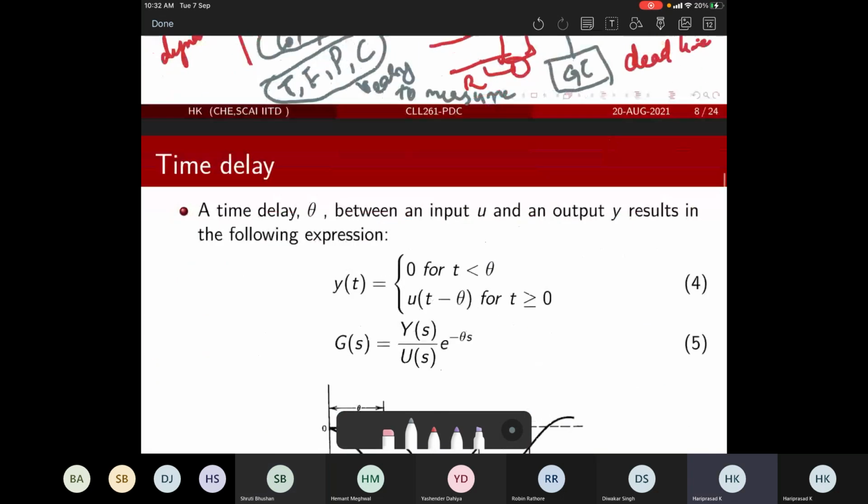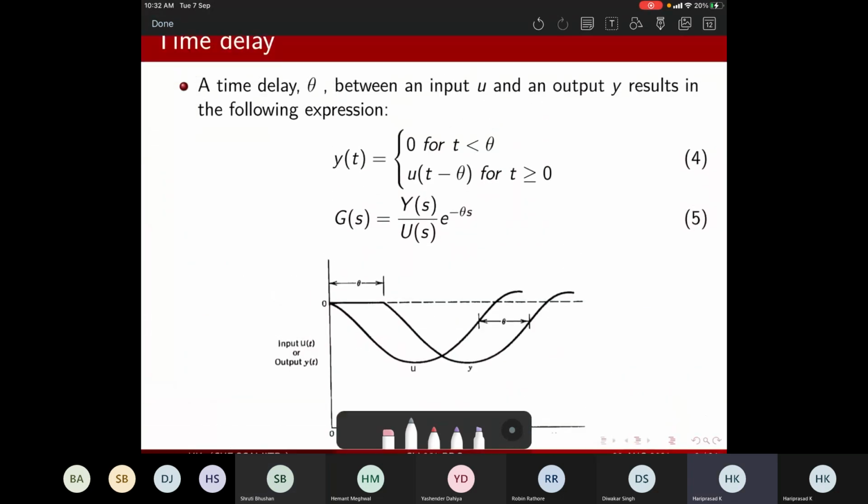Okay. So how do you represent this mathematically? So time delay, which means that, again, assume steady state condition. That's why it is 0 for t less than 0. You would assume that there was no change. So physically your output is 0 between, so your input is right here. So you are given the input here and your output would be after some time.